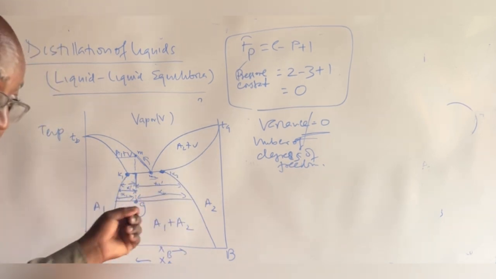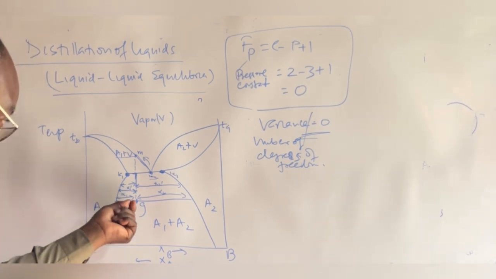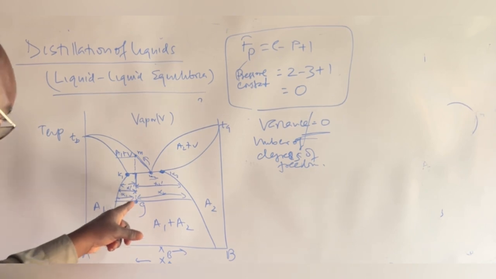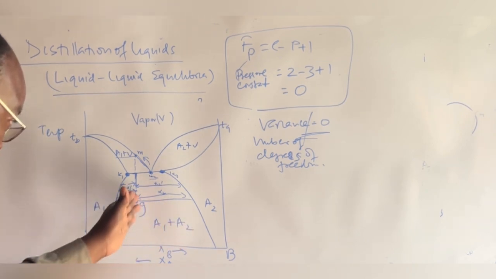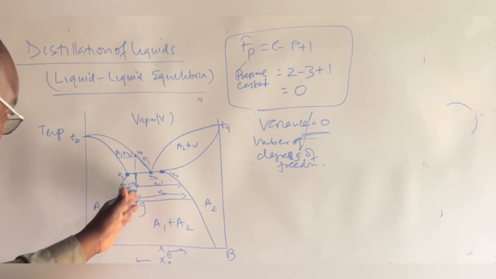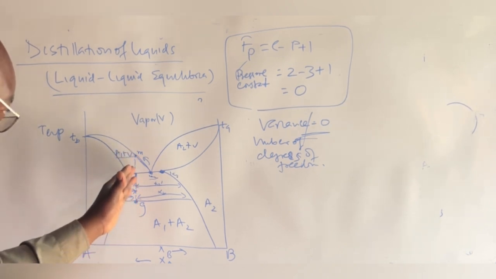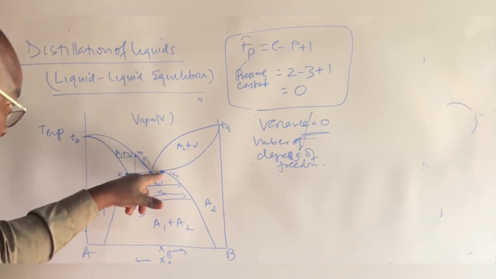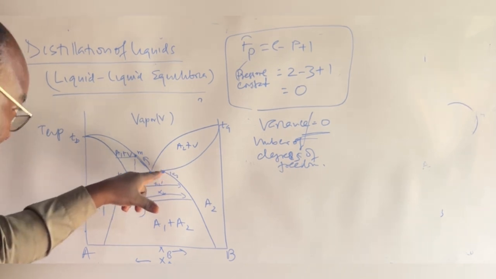Now, when you take that state point corresponding to G, which has the relative composition you can read from the composition axis, and you now heat it up, you raise the temperature. We reach the point where we have the three phases coexisting in equilibrium. The temperature will be constant at that particular point.